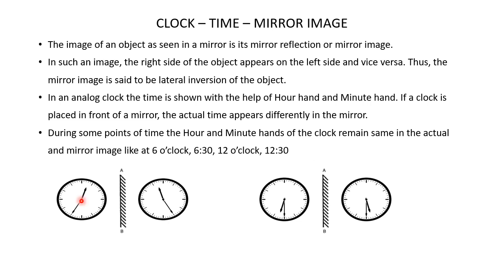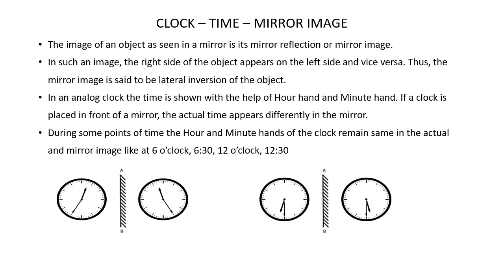Now the minute hand in the actual clock points towards 7 and is on the left side of the clock. Now in the mirror image, the minute hand would point towards 5 and be on the right side of the clock. So if the actual time is 12:35, then the mirror image would show the time of 11:25.